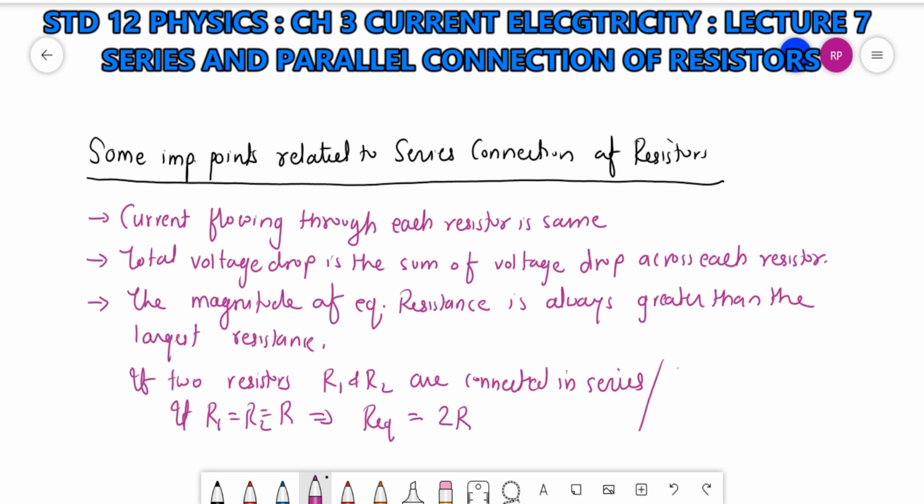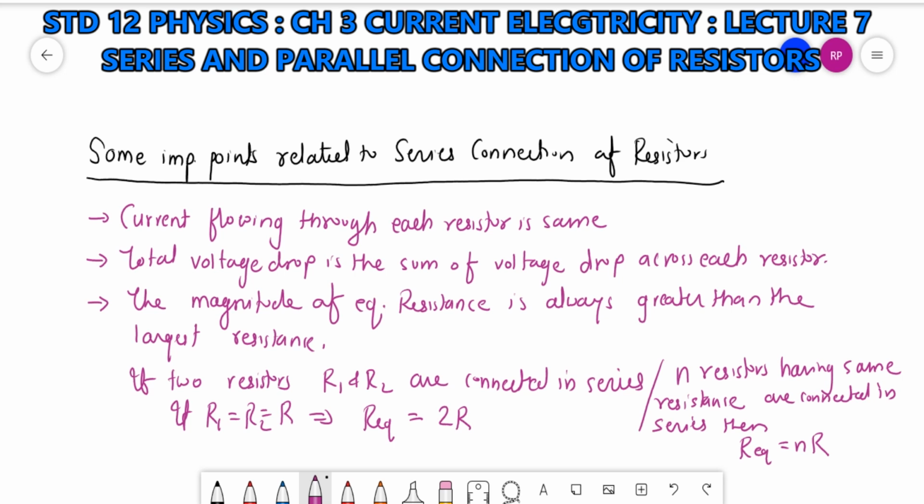So similarly, if N resistors having same resistance are connected in series, then R equivalent will be equal to NR.